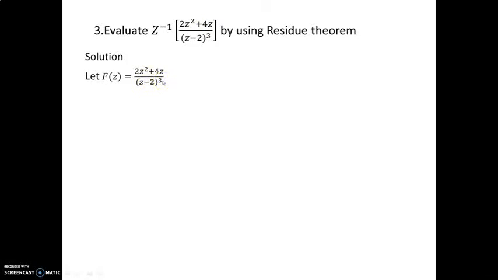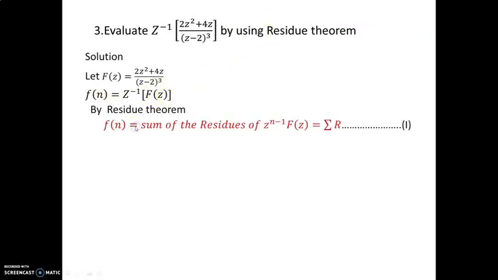Already we know that the z inverse of any function F of z gives f of n. That is, f of n equal to z inverse of F of z. By using the residue theorem, the sequence f of n is the sum of the residues of z power n minus 1 F of z. To find the residues of z power n minus 1 F of z, we substitute into this equation, and we get the value for the inverse z transform of the given function.